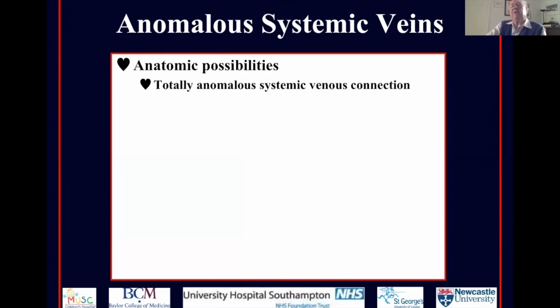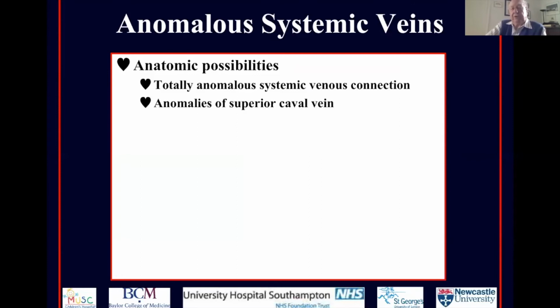So any of those venous channels can be abnormal. So now we are in the position to begin to consider abnormal venoatrial connections. Exceedingly rarely, you can have totally anomalous systemic venous connection. In fact, I've never seen myself a heart with this arrangement, but Saurabh Gupta has found several examples in his experience in the All India Institute.